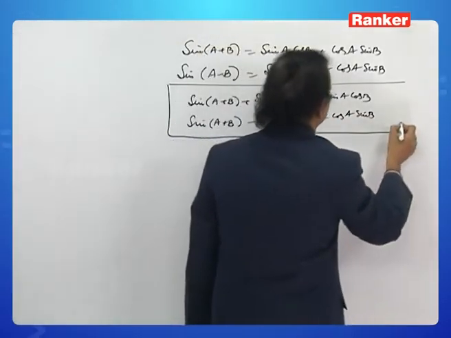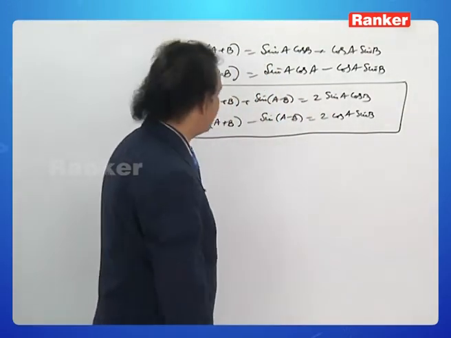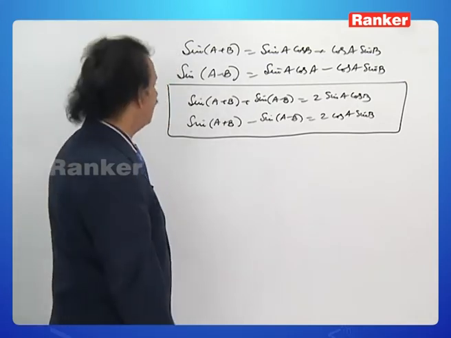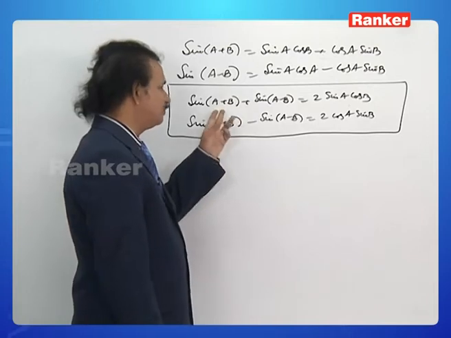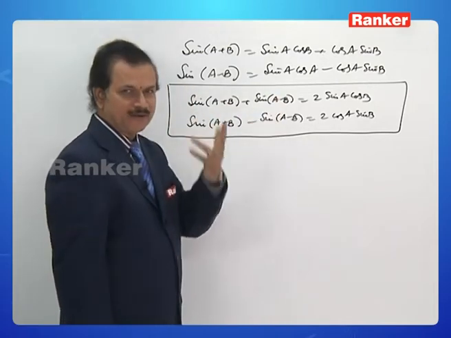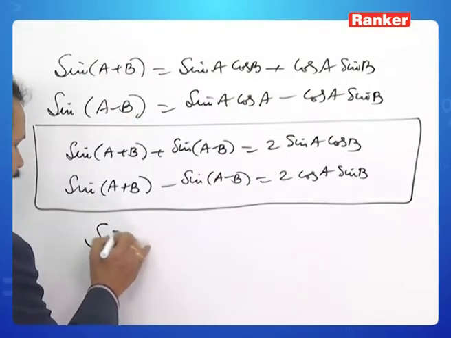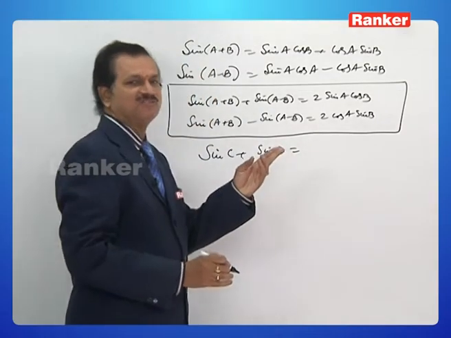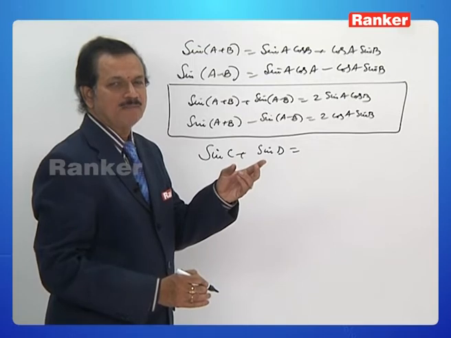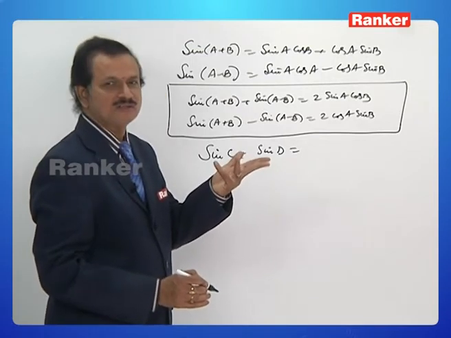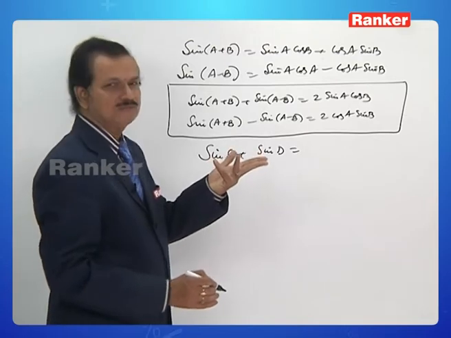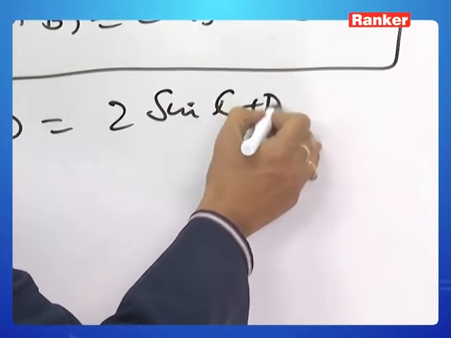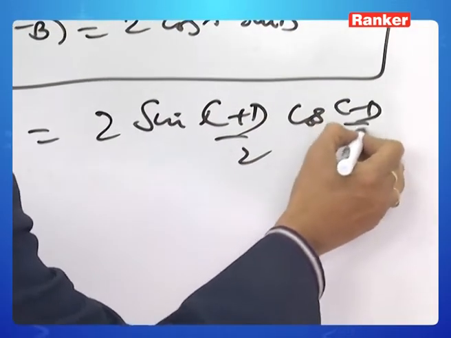Another packet of information, another quantum of information has been obtained. Sine of A plus B plus sine of A minus B is equal to 2 sine A cos B. Well, from these, let me replace A plus B by C and A minus B by D. What happens? A plus B is C, A minus B is D. Add them: 2A is C plus D and 2B is C minus D. Therefore, sine C plus sine D is 2 sine (C plus D) by 2 cos (C minus D) by 2.